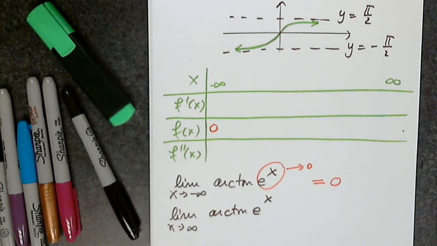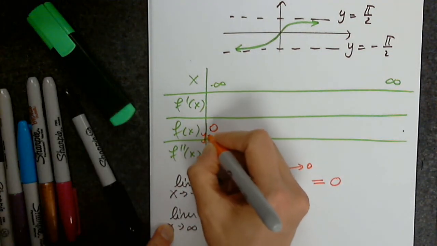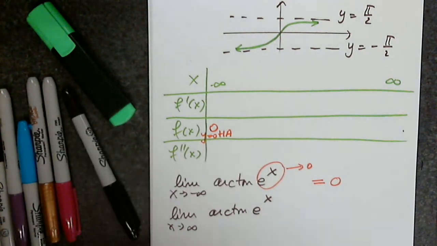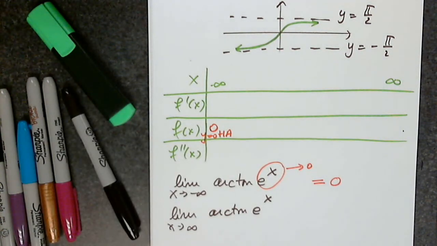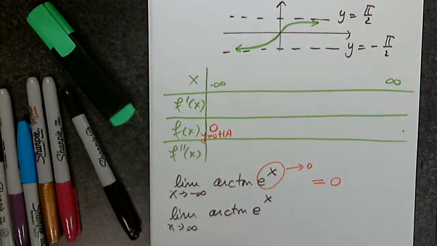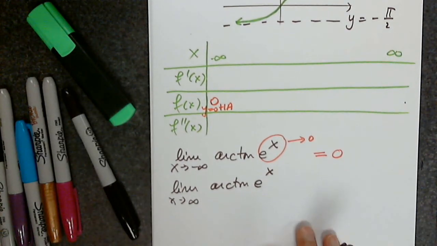What do I know? That y equals 0 is a horizontal asymptote. I make myself a note. y equals 0 is a horizontal asymptote. This is the end behavior. When x approaches negative infinity, the function approaches a number. That means it must be a horizontal asymptote. Agreed? Okay, perfect. Let's check the other side.